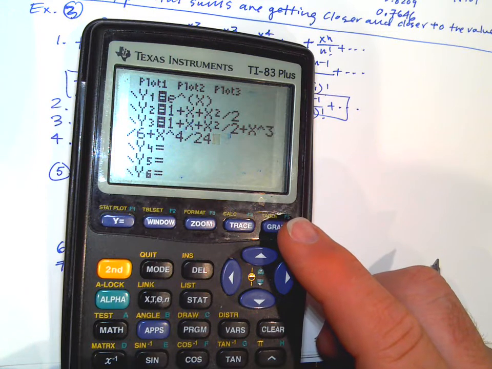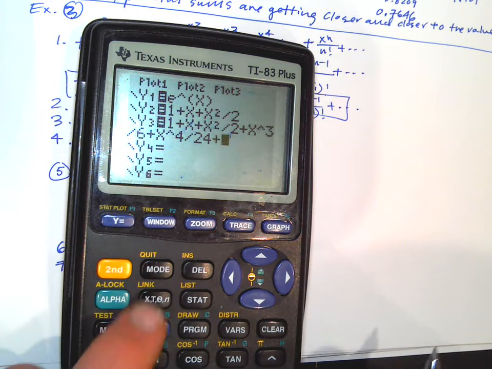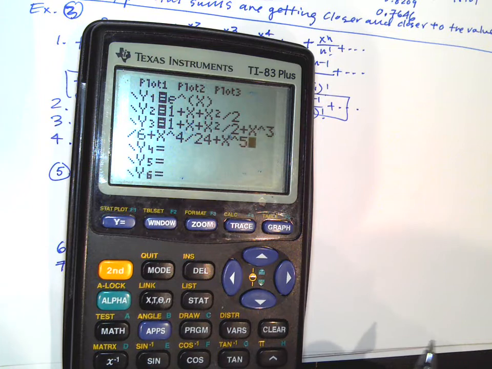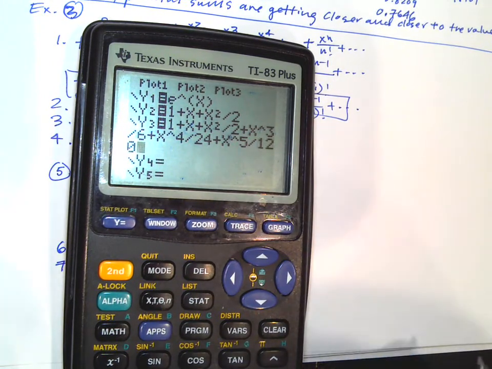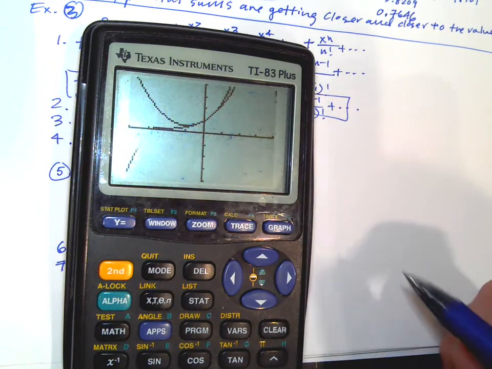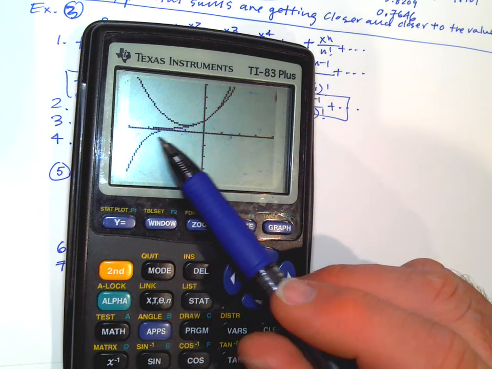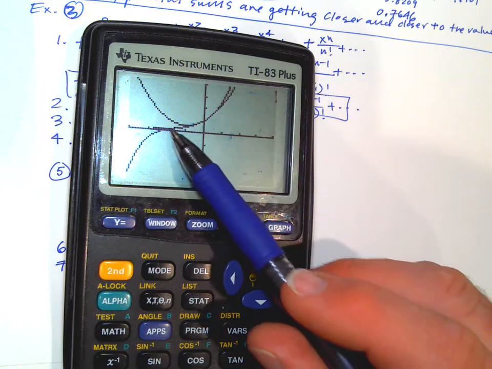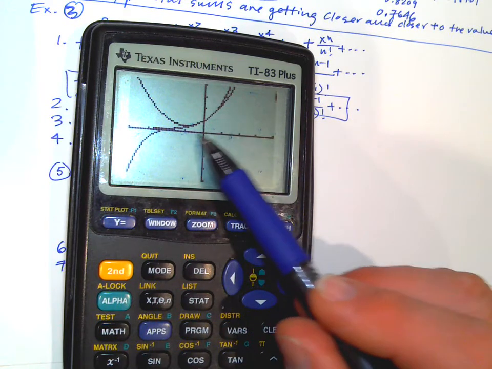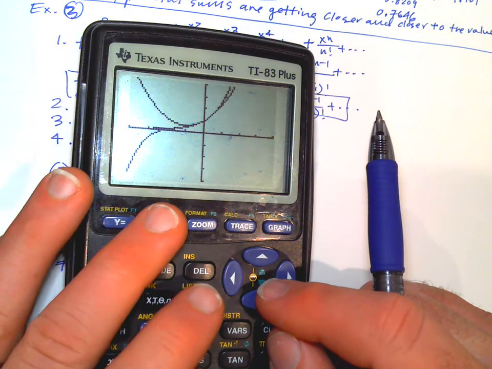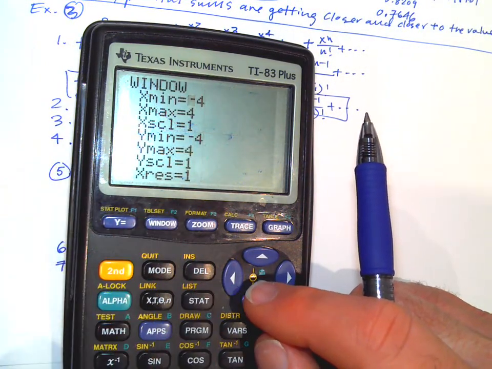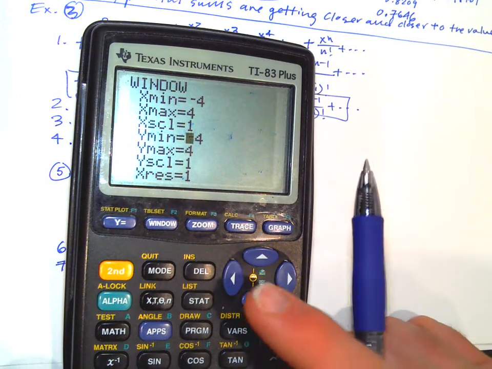No, that's only 2 more. Plus x to the fifth divided by, just multiply that times 5, 120. That's 5 factorial. Okay, so here comes, ooh, it looks like it's hugging it closer than outside of that window, negative 1 to 1, right? I mean, maybe we could see a little more of this graph.